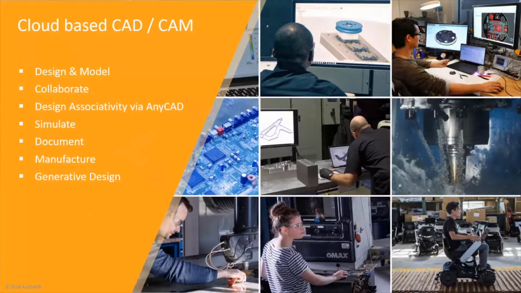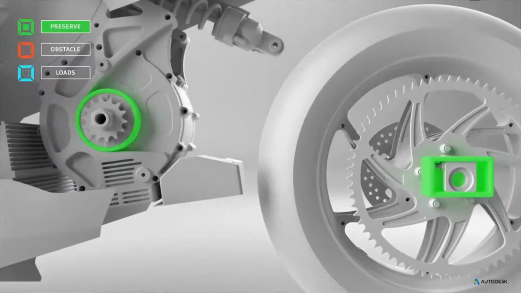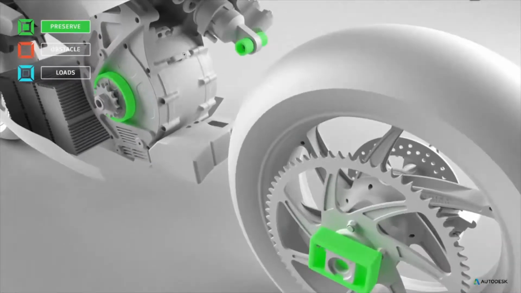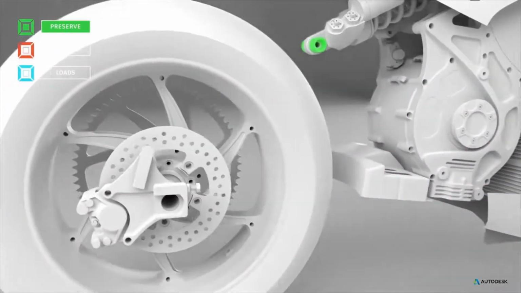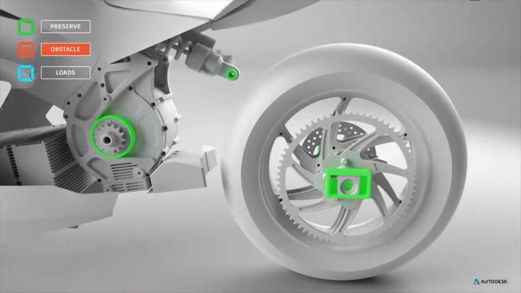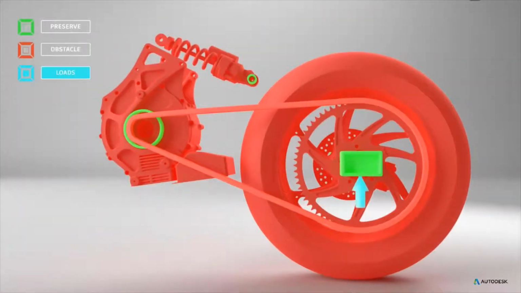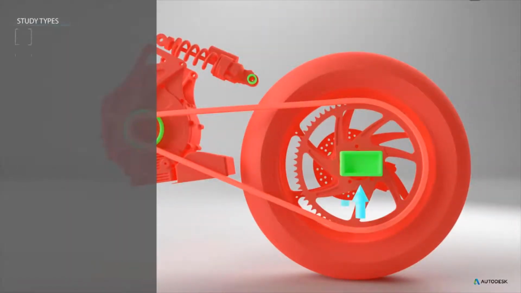But what about some disruptive technology? Let's have a quick look at Fusion 360, and in particular, Generative Design. So Generative Design allows us to look at a model and to set up geometry that we'd like to preserve, geometry that we'd like to avoid, or obstacle geometry, and we can then apply loads to our model.